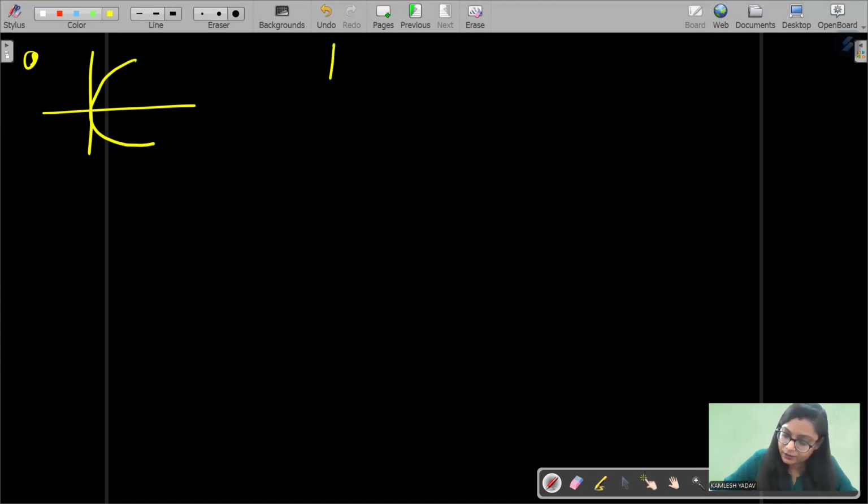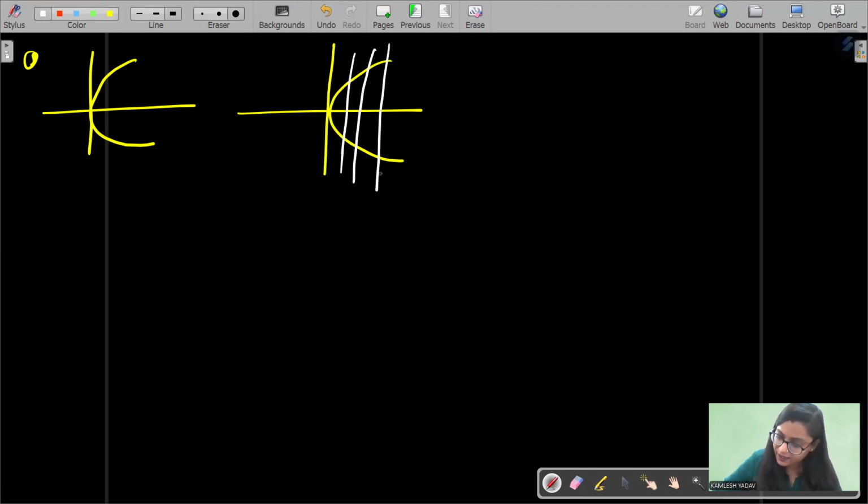Here we draw a parallel line to the y-axis and we see it meets at more than one point. So this is not a function.